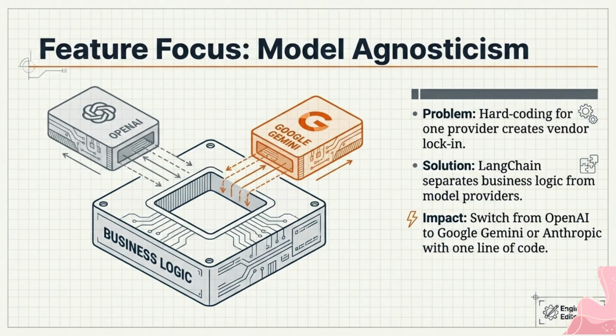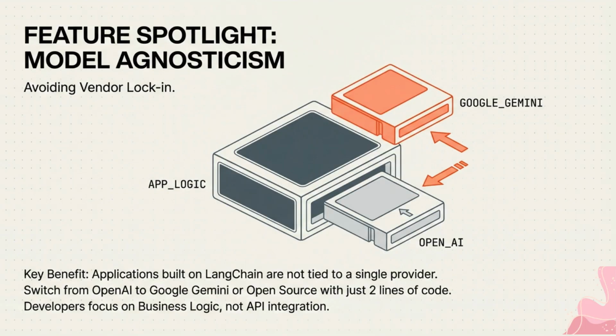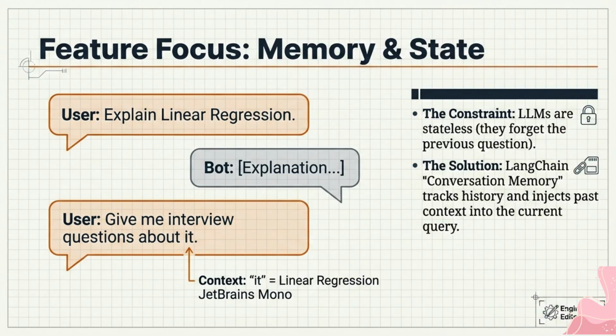Impact: switch providers with one line of code. Change the model parameter. Done. This extends to everything: embedding models, vector databases, cloud providers. Why it matters? The AI landscape moves fast. New models every month. Prices change. You need flexibility.